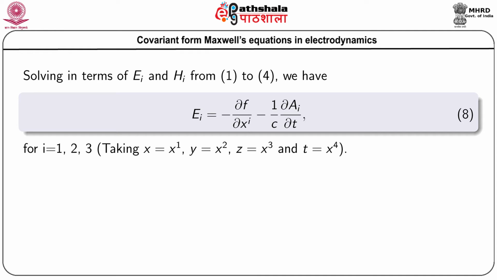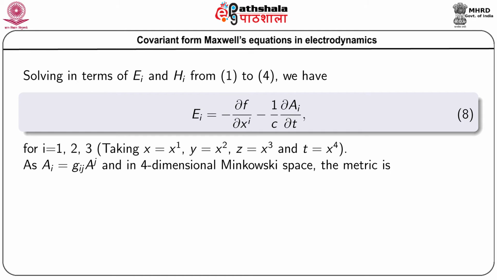That means, we have taken x as x_1, y as x_2 and z as x_3 and t as x_4. So, in the equation we have just kept the t as it is, and the first expression, that is del f del x_i. So, del x_1, del x_2, del x_3 will be there. So, E_i have this expression.